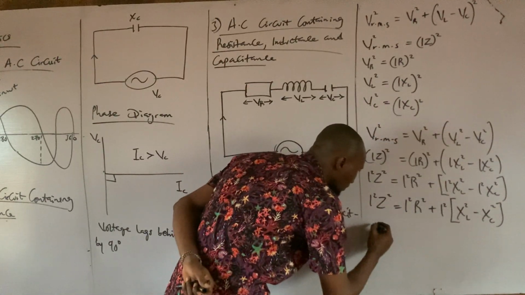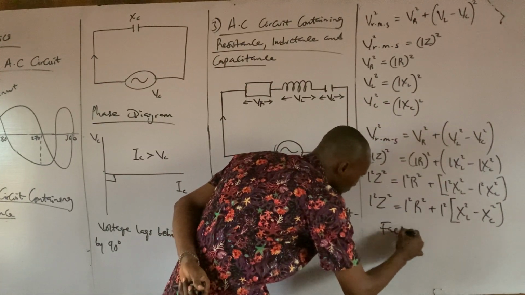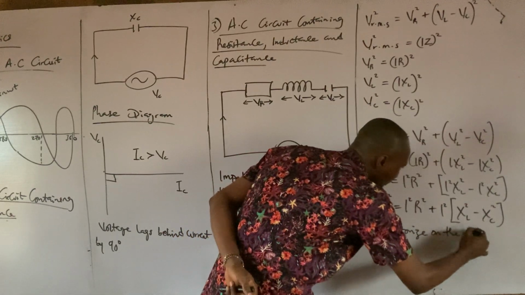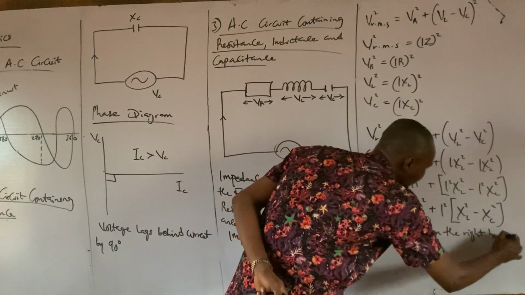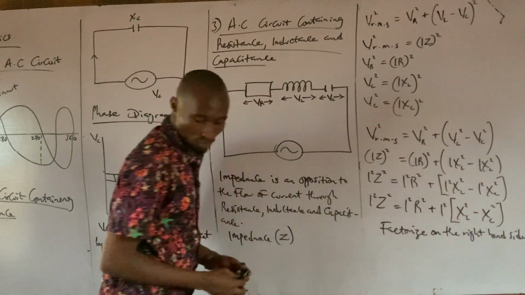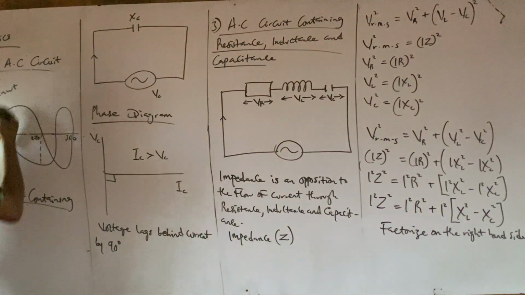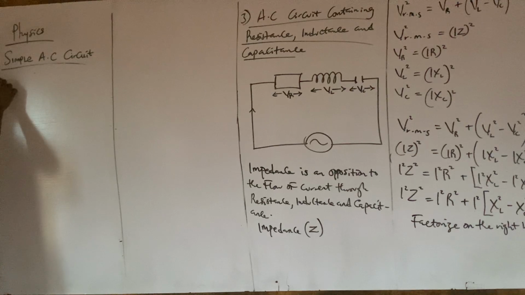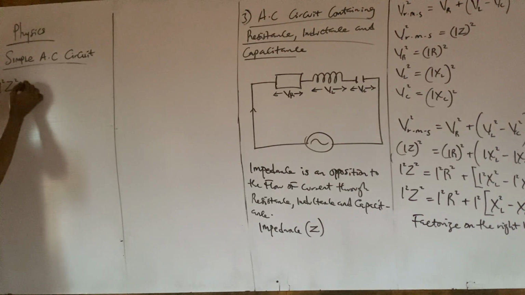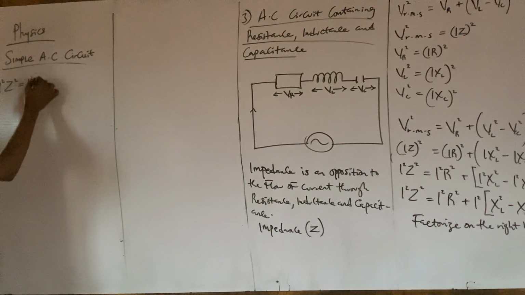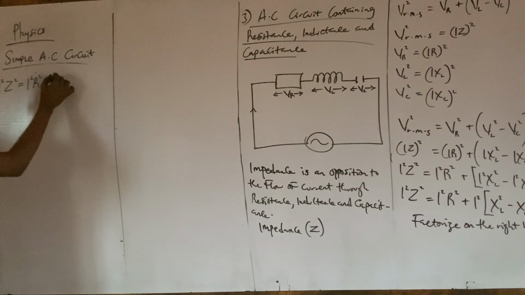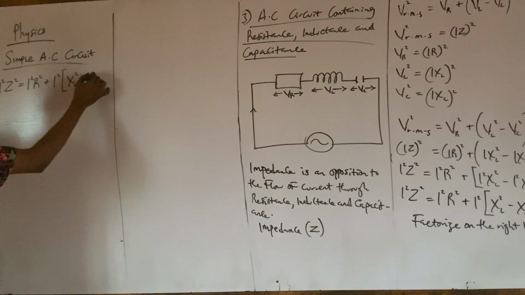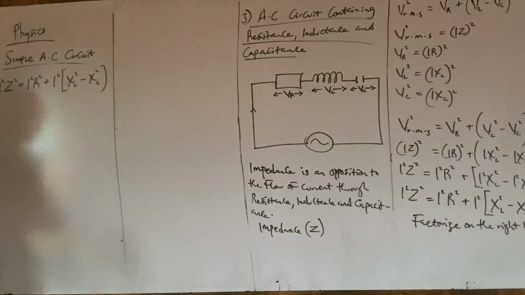You factorize on the right hand side. If you do that, we can continue. Remember, I have I squared Z squared equal to I squared R squared plus I squared into bracket XL squared minus XC squared. So I say we should factorize there.